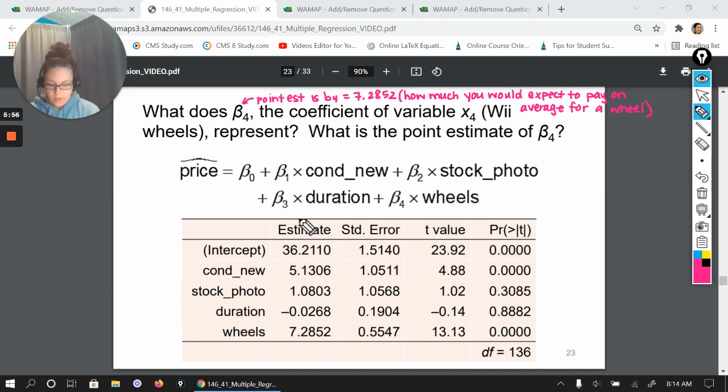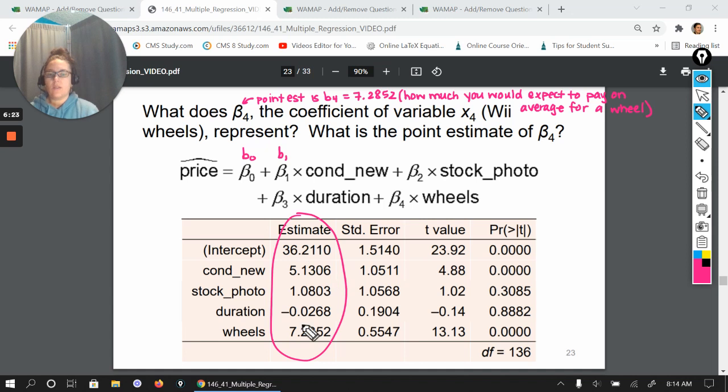So when we look at this estimate column and we see these numbers and we put them in for these beta values, these are the estimates for the beta values. I just wanted to be clear about that. Beta naught is estimated by b naught, which is 36.2110. Beta 1 is estimated by b1, which is 5.1306.